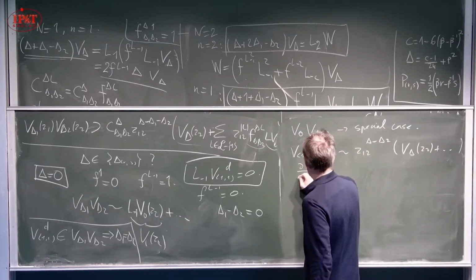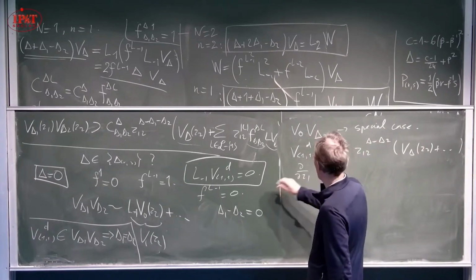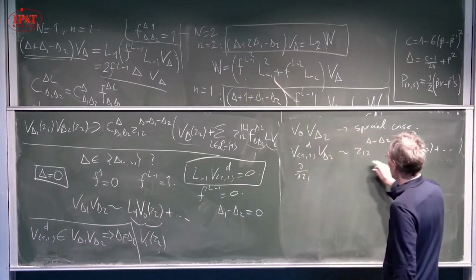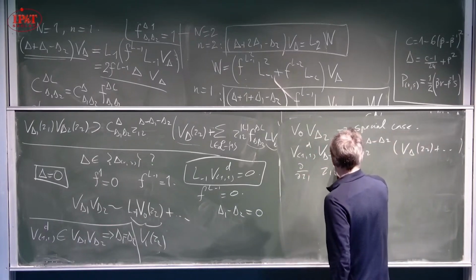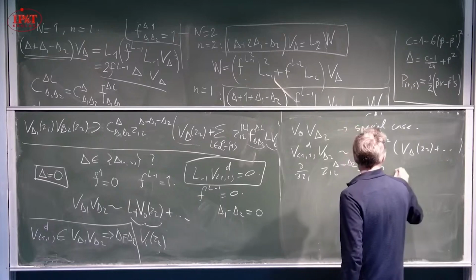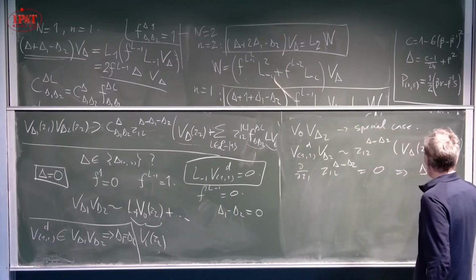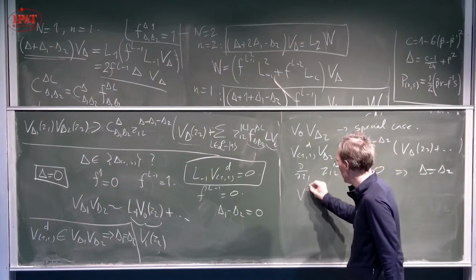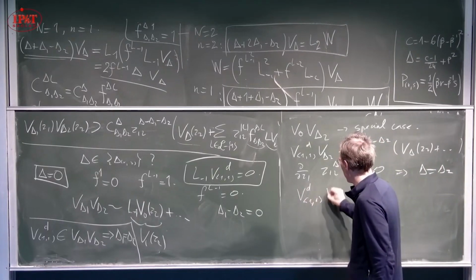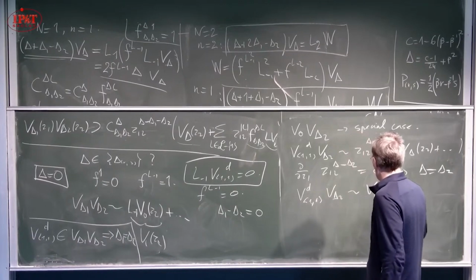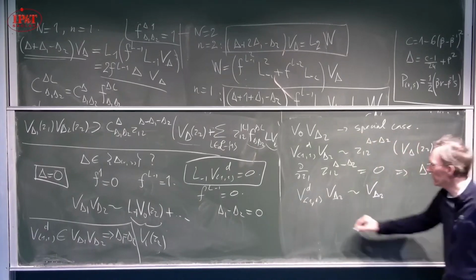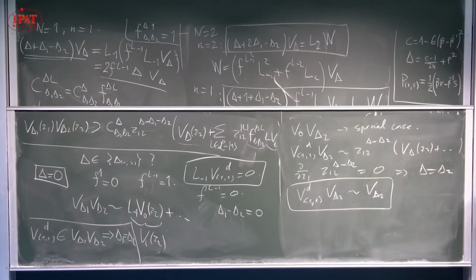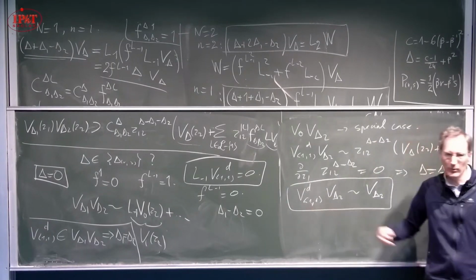But then I have to assume d by dV1 is 0, acting on this field, and therefore acting on this OPE. d by dV1 must be 0, and I get delta equals delta 2. In other words, the only primary field that can appear is V delta 2, which is consistent with the claim that this degenerate field is proportional to the identity.